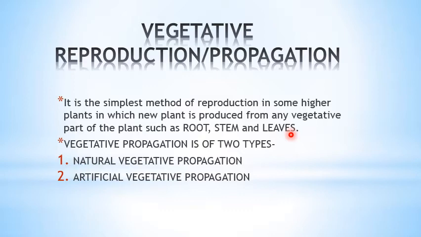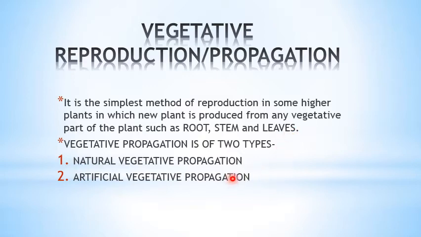Root, stem and leaves are known as the vegetative parts of the plant, whereas the flower is the reproductive part. If reproduction takes place with the help of root, stem and leaves, such type of reproduction in plants is known as vegetative reproduction or asexual reproduction.